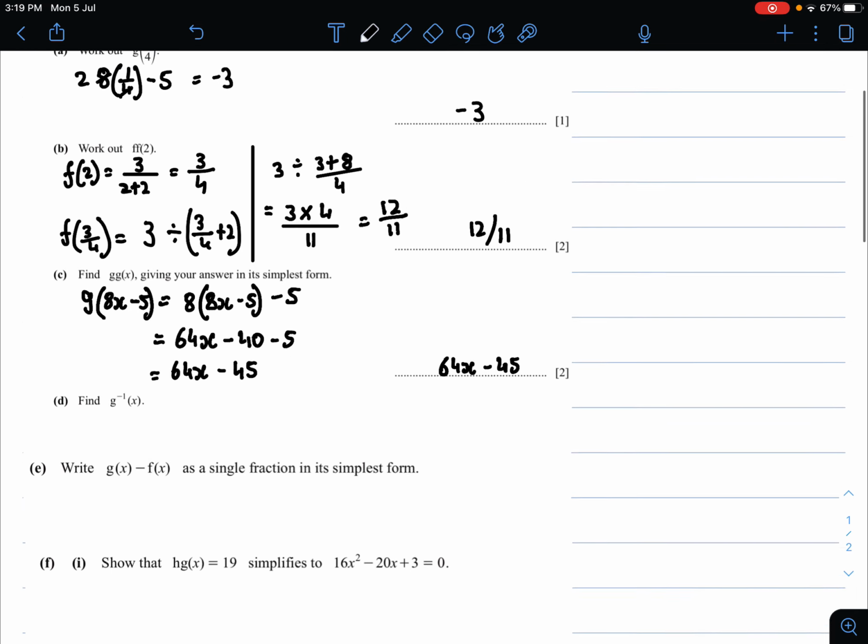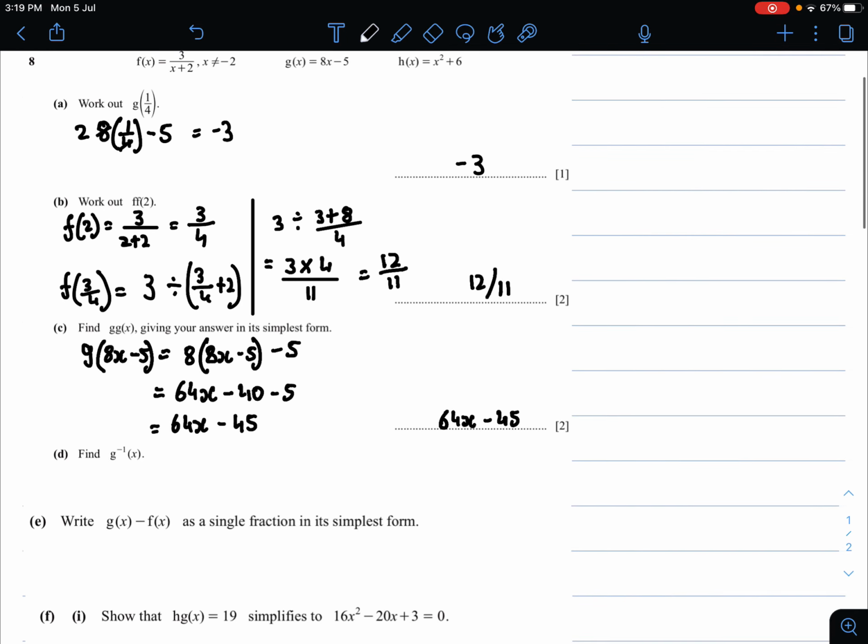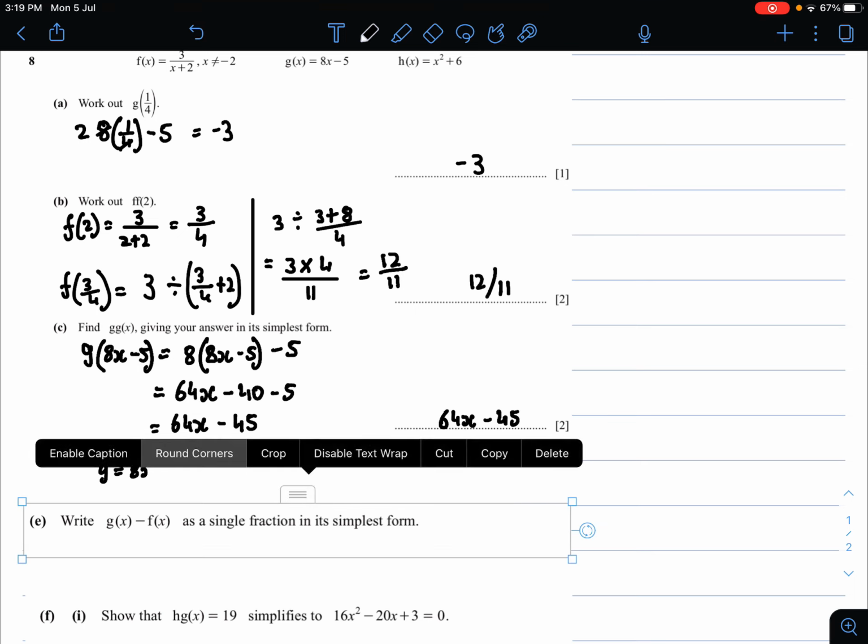Now part D. Find the inverse of the function g. So I don't know how many schools use this method, but it is a really simple method and it is accepted by Cambridge. All you need to do is write the function of g with y instead of g of x. So y is equal to 8x minus 5.